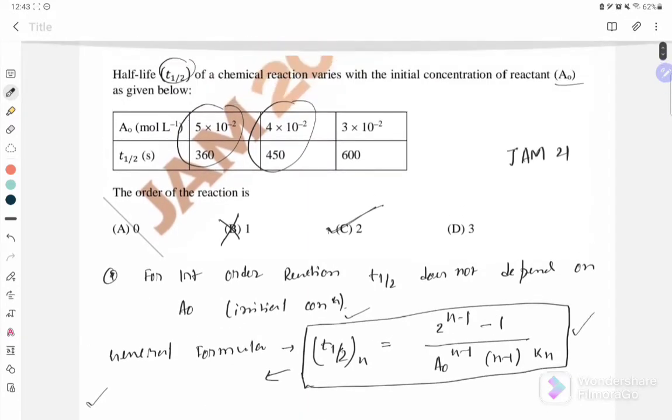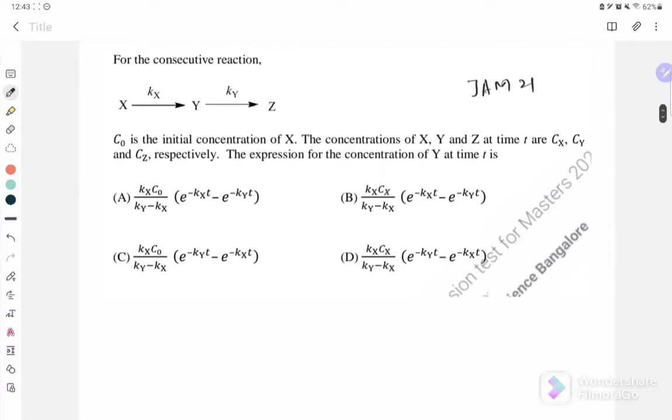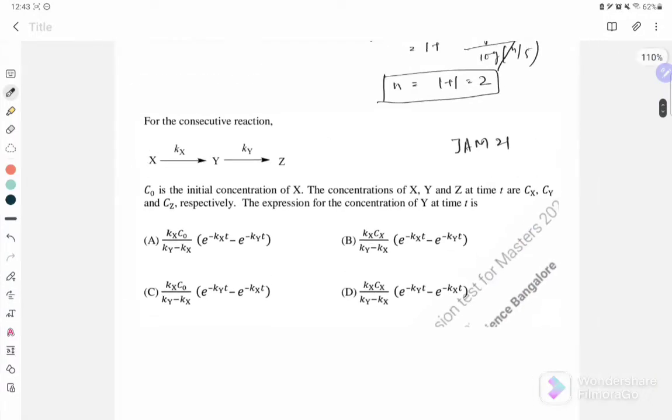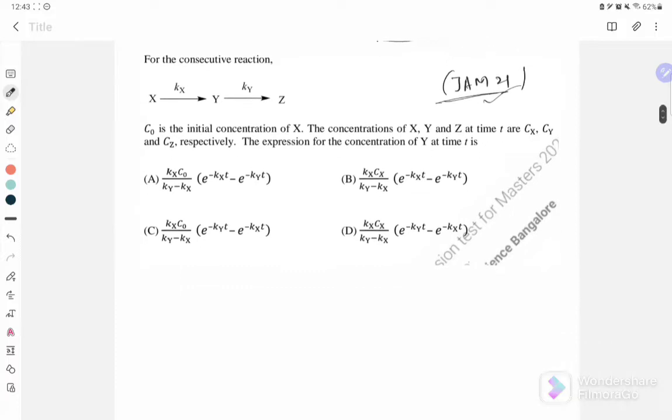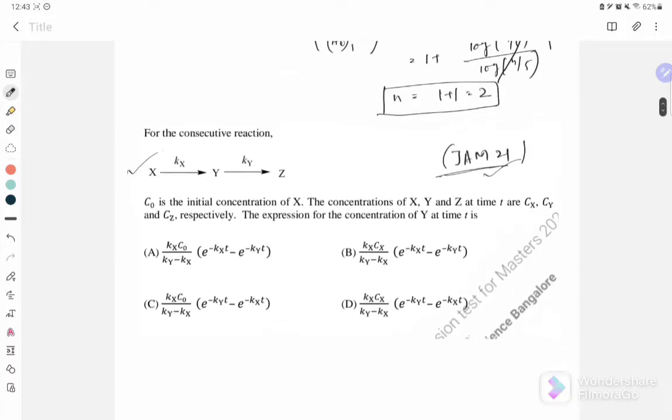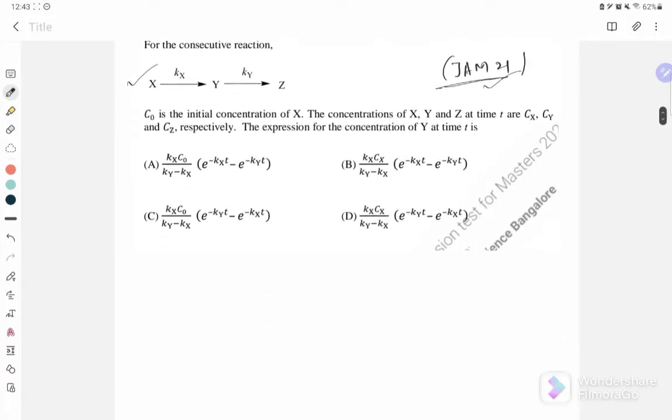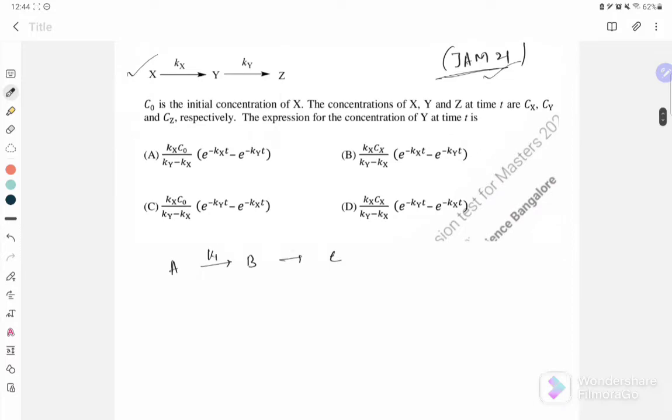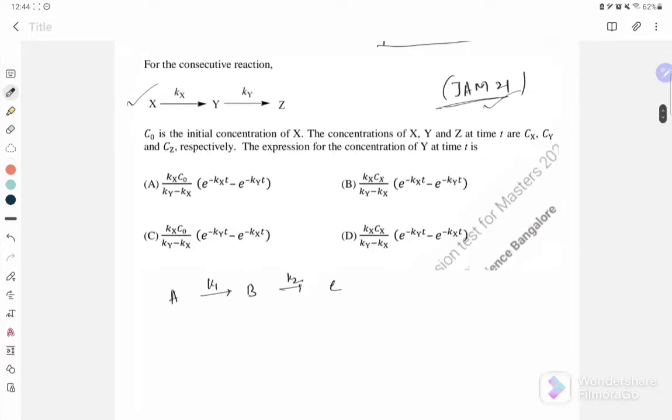The next question came in JAM 21 and it's a direct question. This is a consecutive reaction, A to B to C, with rate constants K1 and K2.